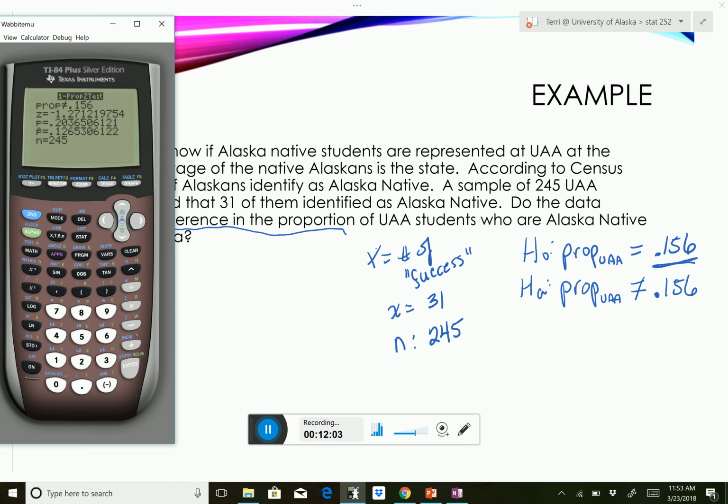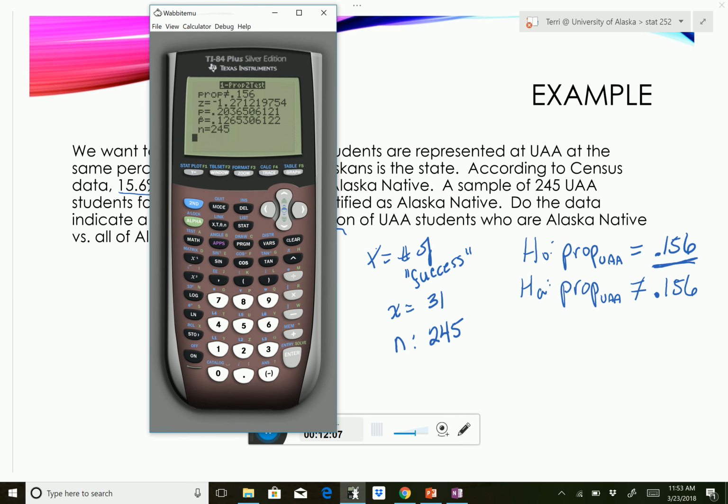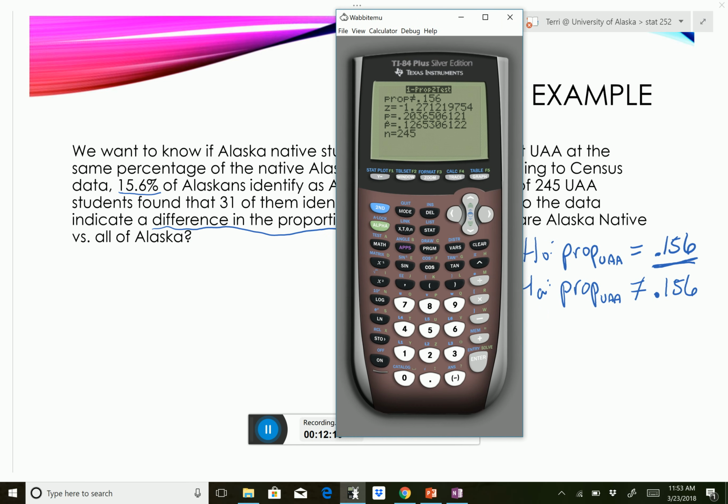And so here's my output. The first thing it always does is rewrite your alternative hypothesis. Is this the alternative I had? Yes, it is. And it gives me Z, which is negative 1.27.